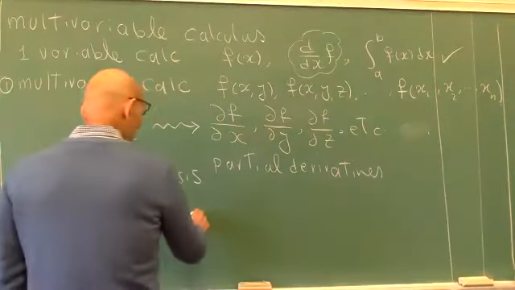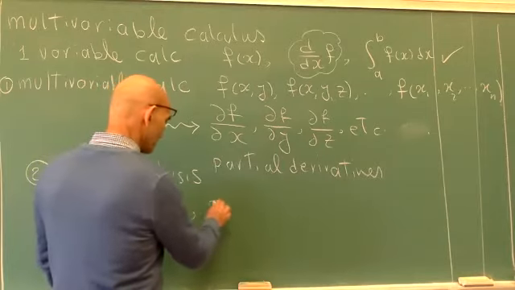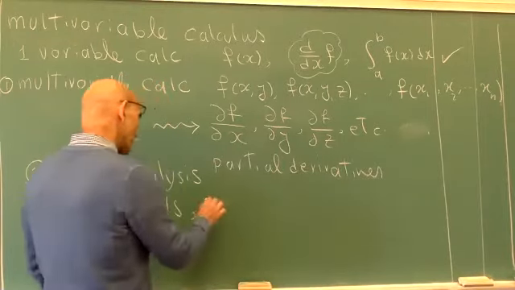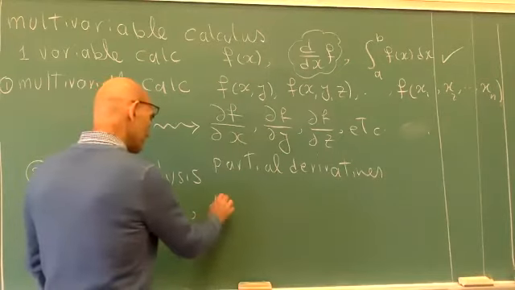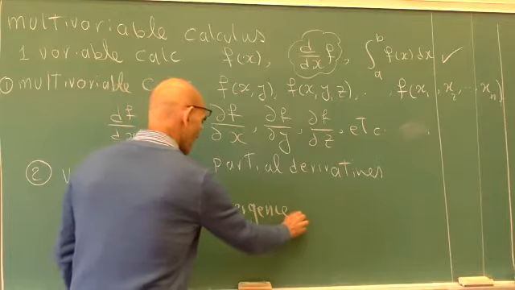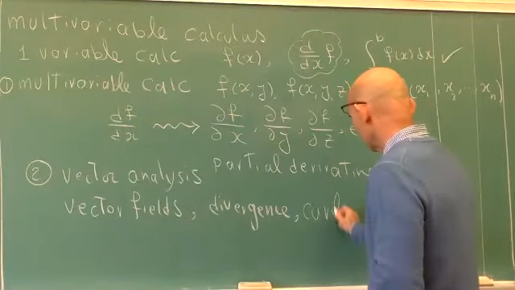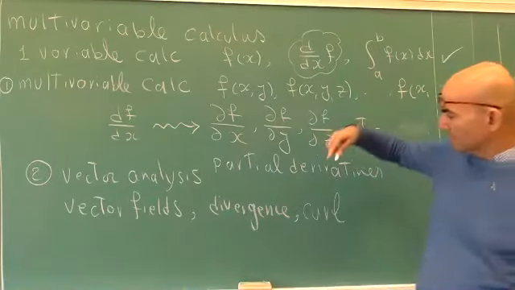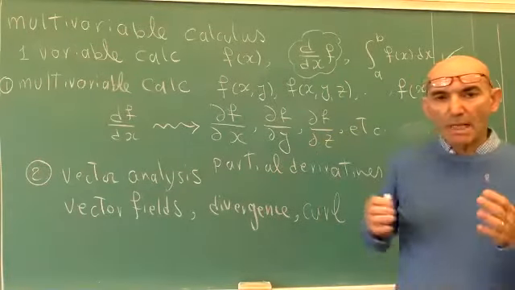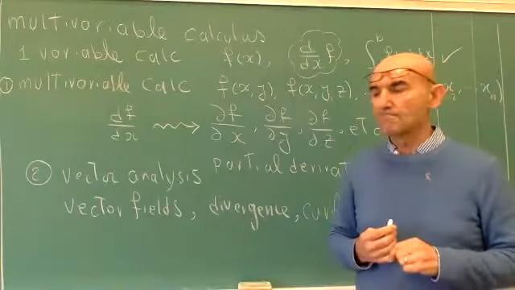So the things that we are going to work with are these operations of, say, divergence and curl. Divergence will tell us how much expanding or contracting a vector field is.